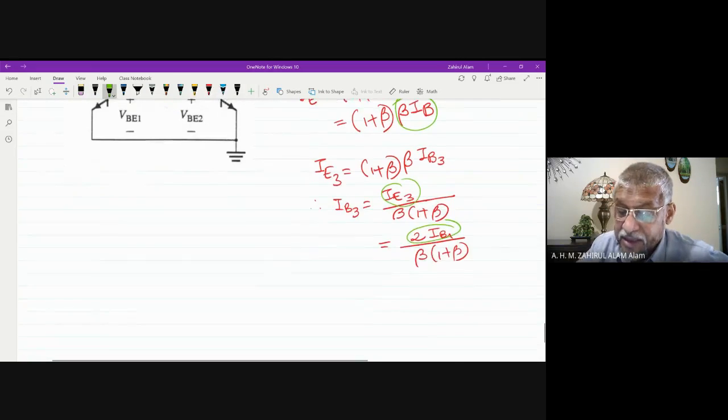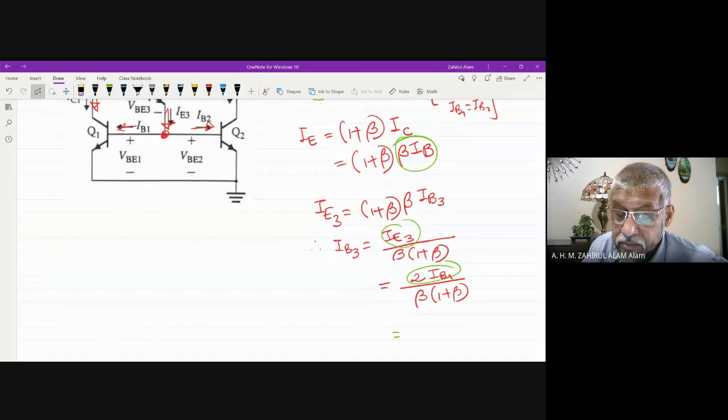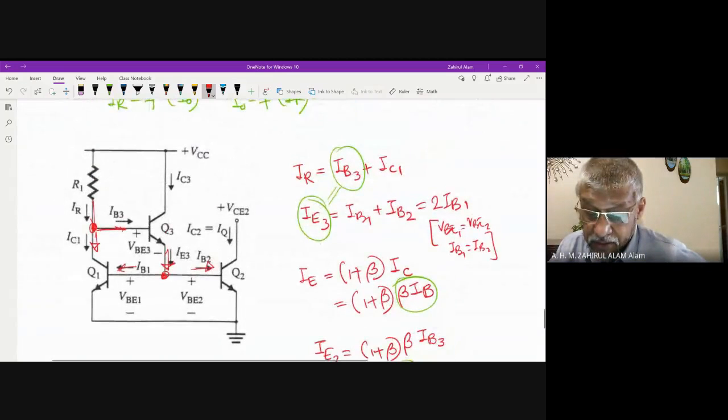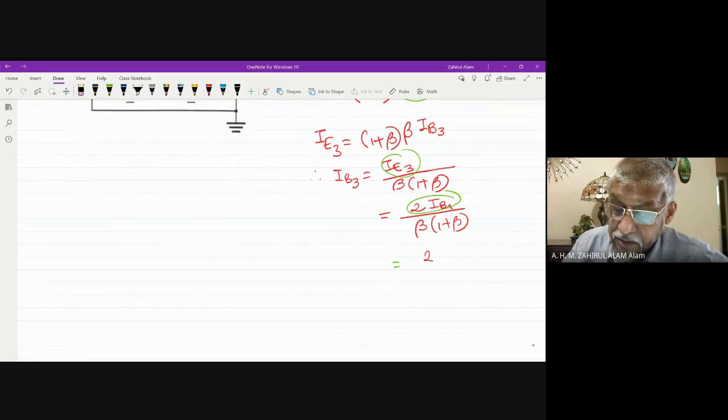Now we convert this one to IC1. So now we can write something is wrong somewhere. Okay, later on we can dig out what is wrong.